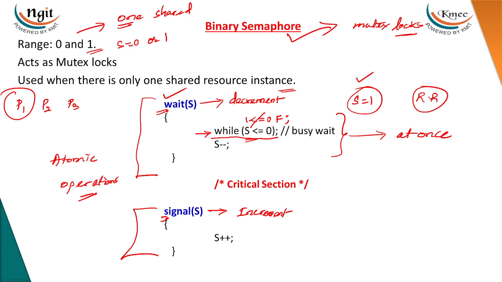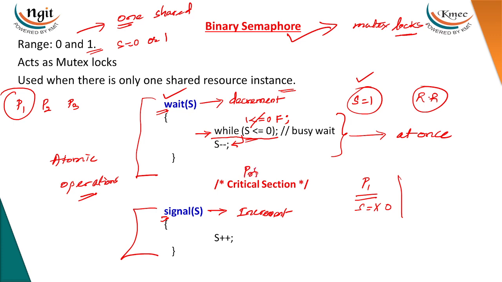Only if the condition is false will the while loop break and go to the next statement and execute s minus minus. Now when p1 executes it, s will become 0, and p1 uses the shared resource.